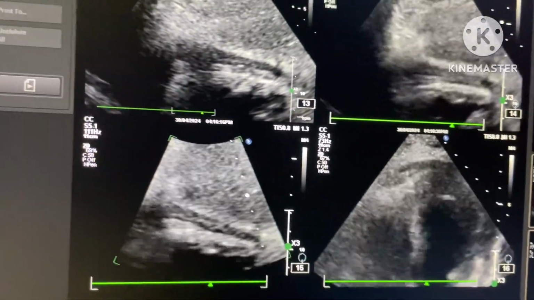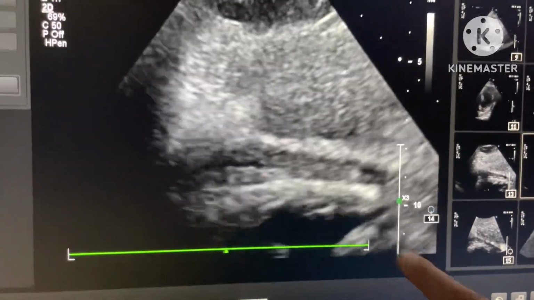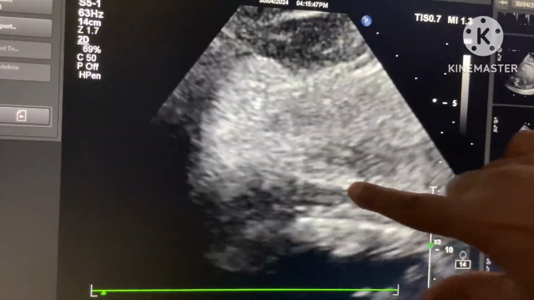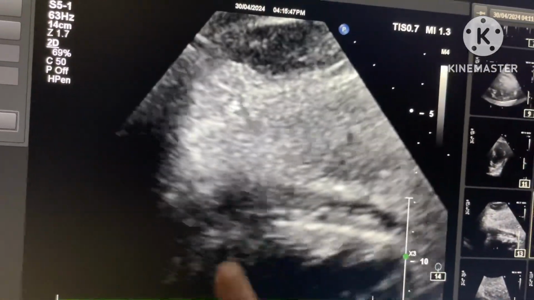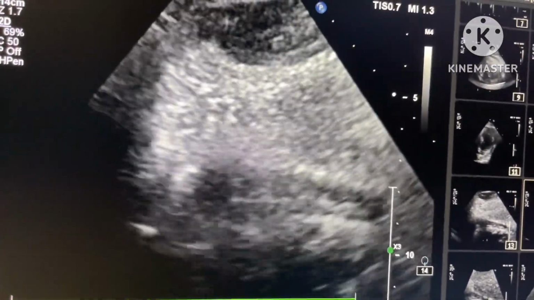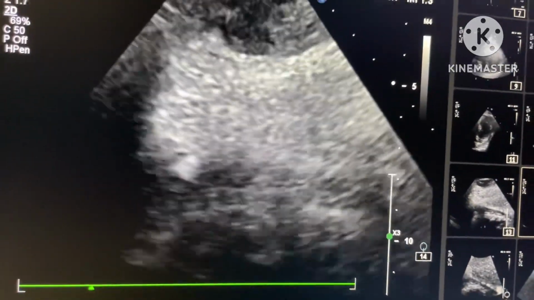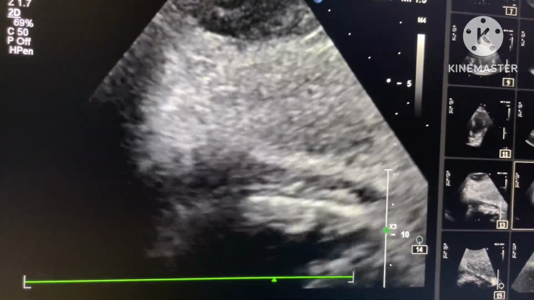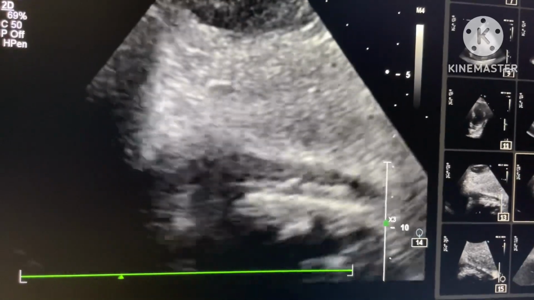You can see clearly, this is the visceral pericardium, the parietal pericardium, with minimal fluid in between these two pericardia. So this is effusive constrictive pericarditis. That is the point to know in this case.